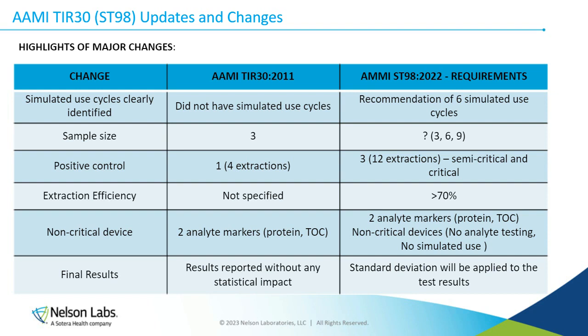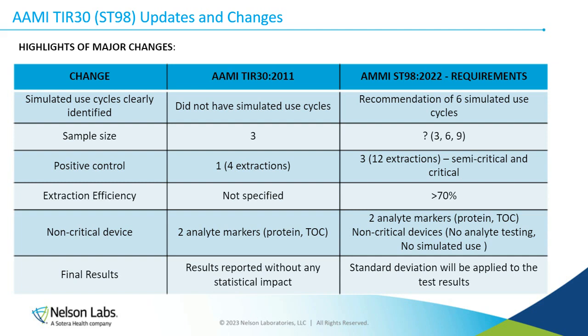But the main change from what the TIR said compared to SD98 is that there was more clarification on what needs to be tested. In these clarifications, you will see that TIR 30 did not have simulated use cycles, right? They didn't talk about that, but the FDA guidance document did.